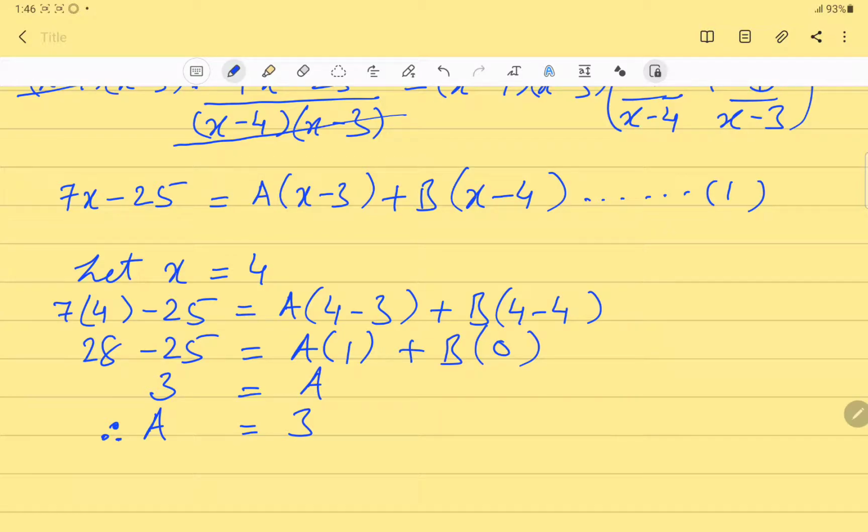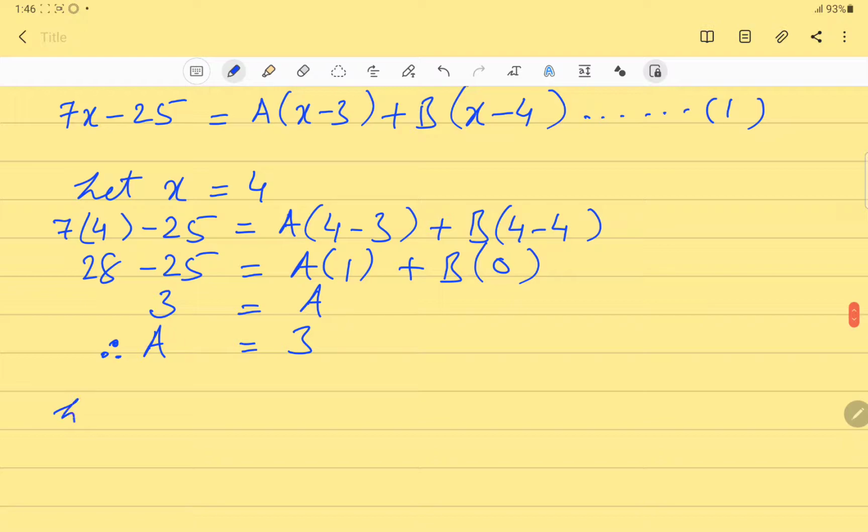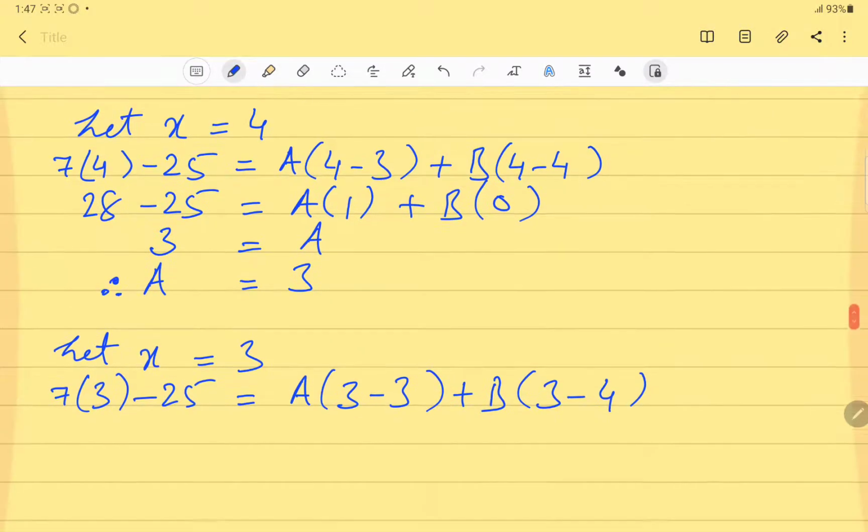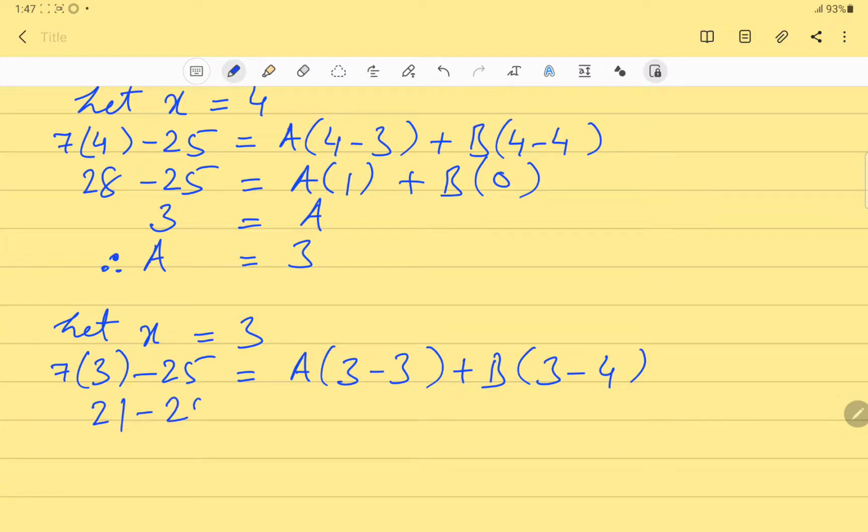Now we assume the value of x as 3. In that case the equation looks like 7 into 3 minus 25 is equal to a into 3 minus 3 plus b into 3 minus 4. 7 into 3 is 21 minus 25 is equal to a into 0 plus b into minus 1. 21 minus 25 is minus 4 is equal to minus b.